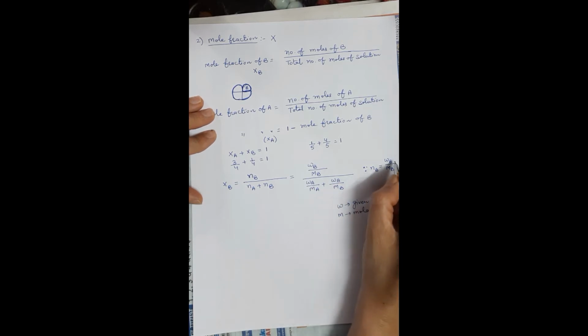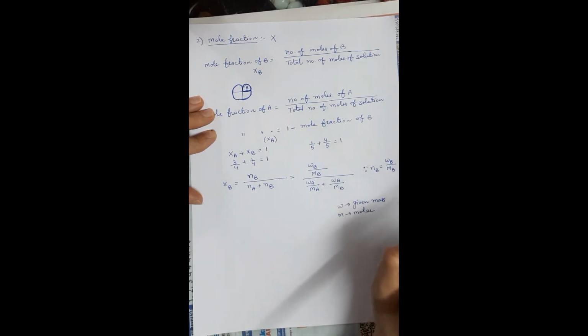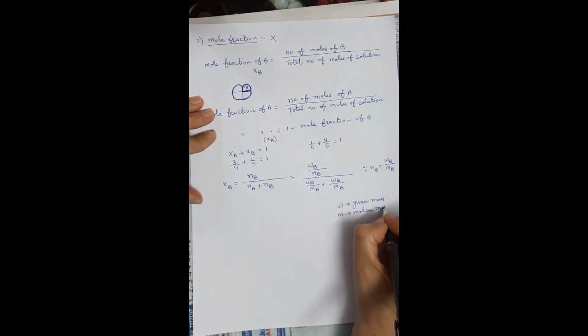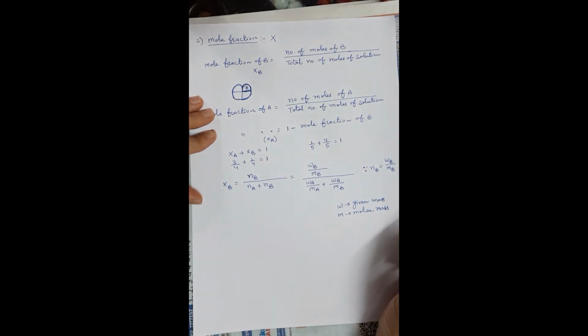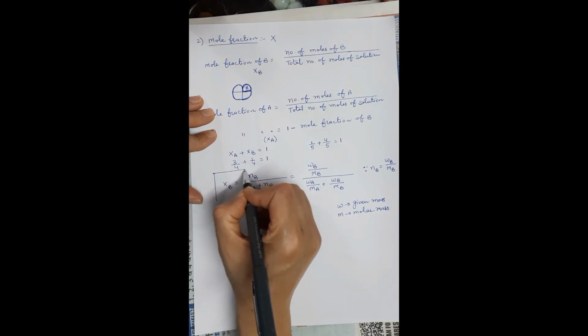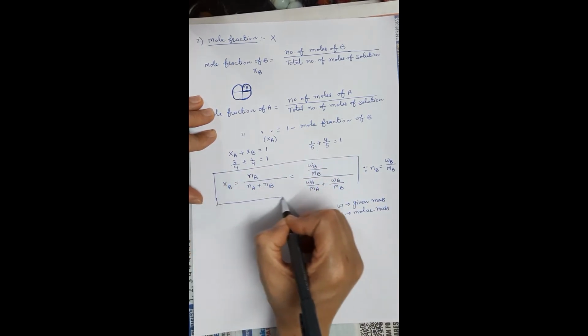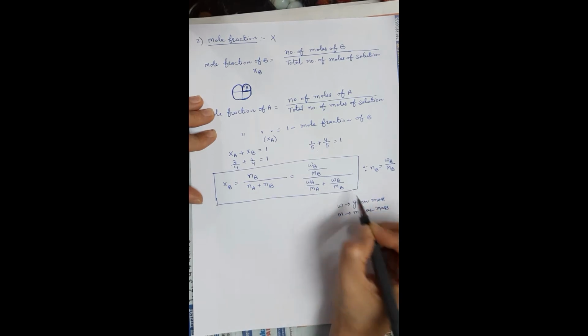Number of moles is equal to given mass divided by molar mass. So you need to learn a few terms: A for solvent, B for solute, W for given mass and M for molar mass. Remember these formulas, you need to learn them. Then only you will be able to solve the numericals.